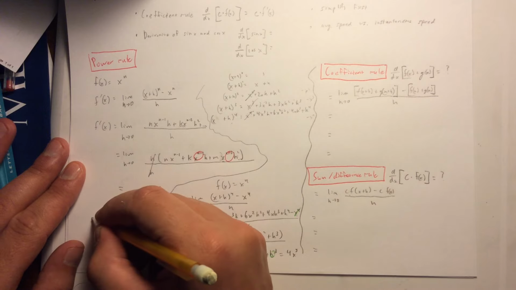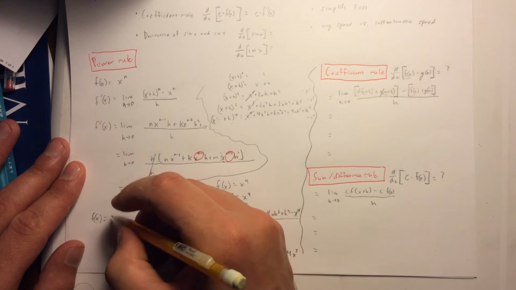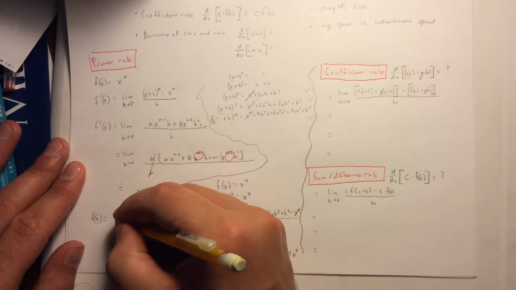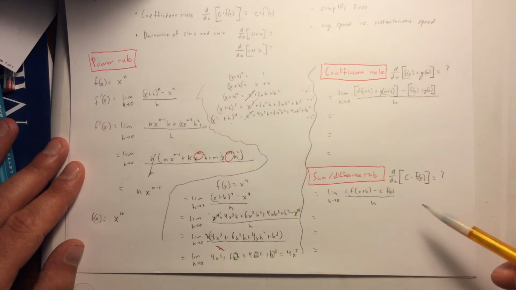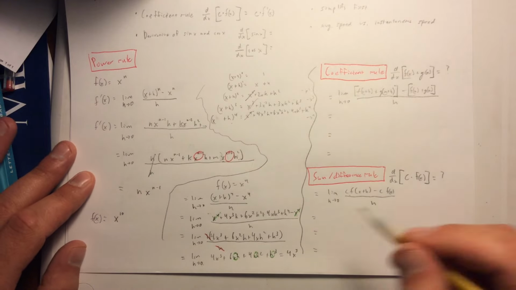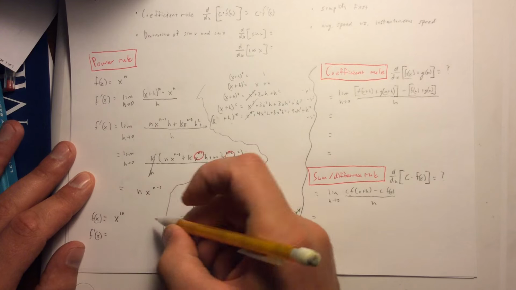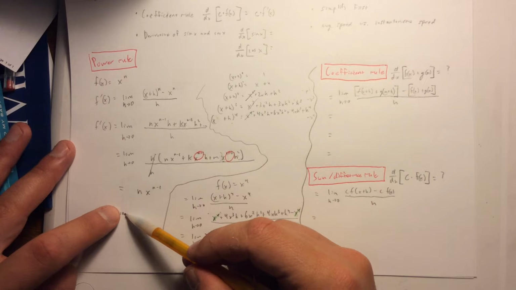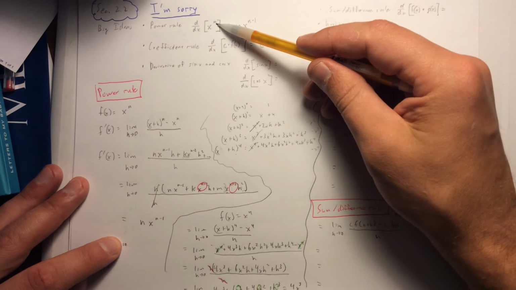So what if I said f of x is equal to x to the 10th power? Do you want to take x plus h raised to the 10th power? No, you don't. So how do we derive it? The 10 is the exponent right there.